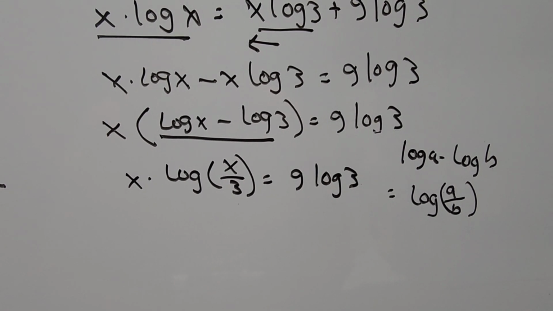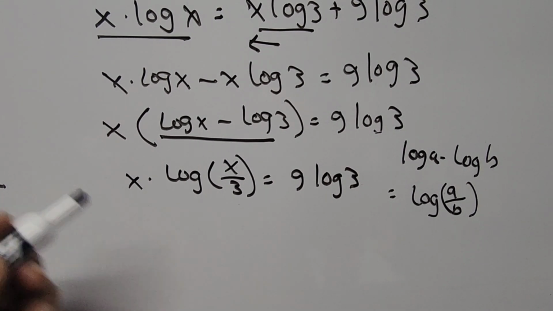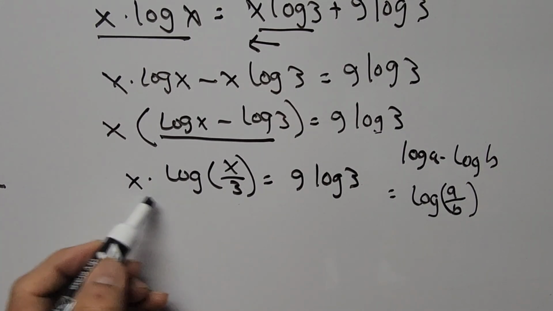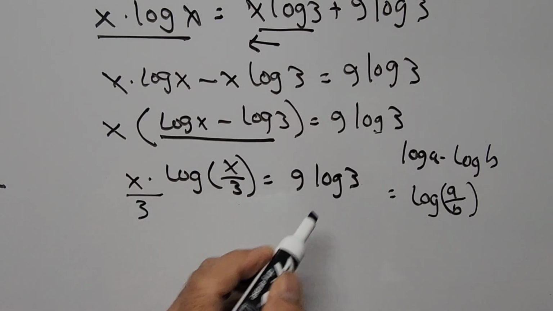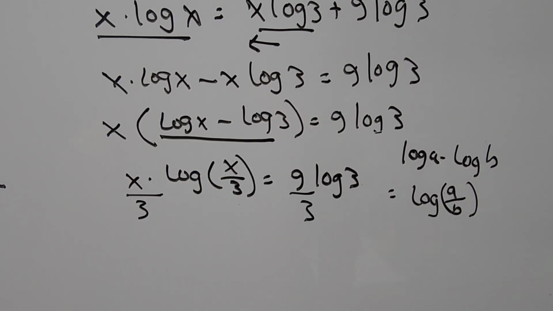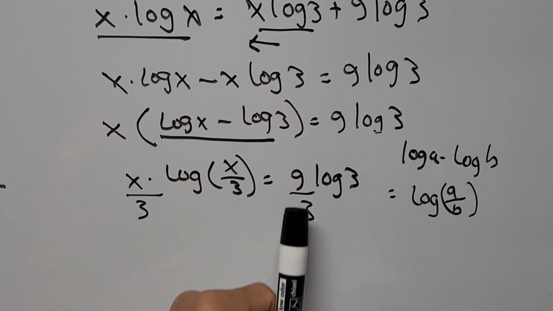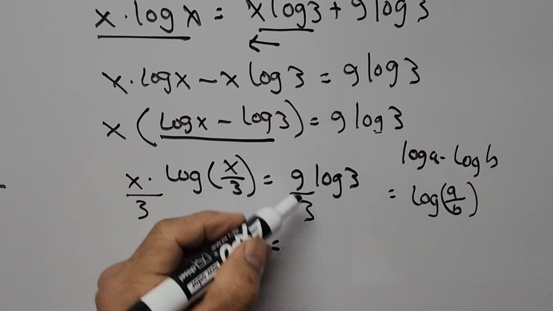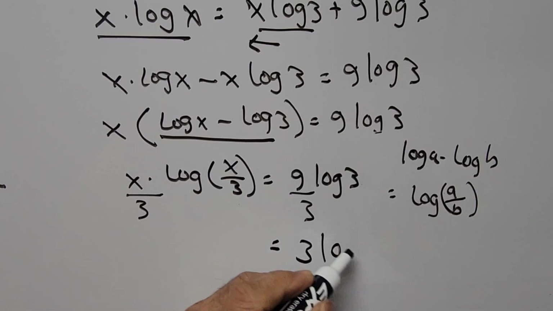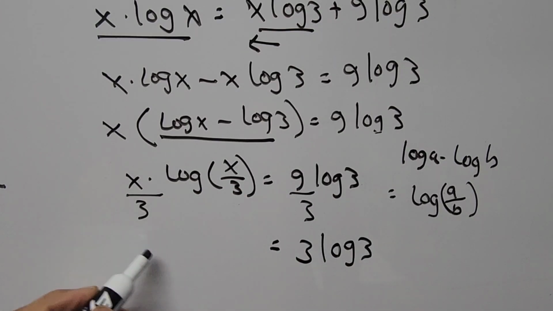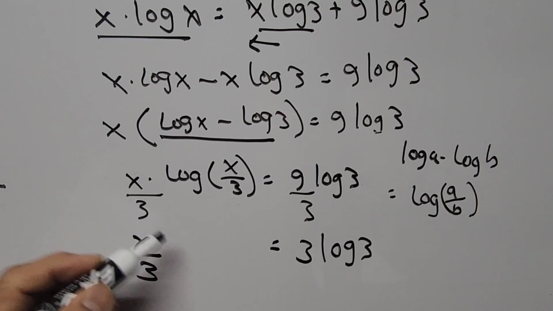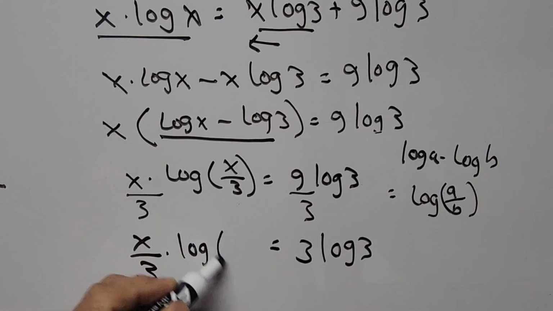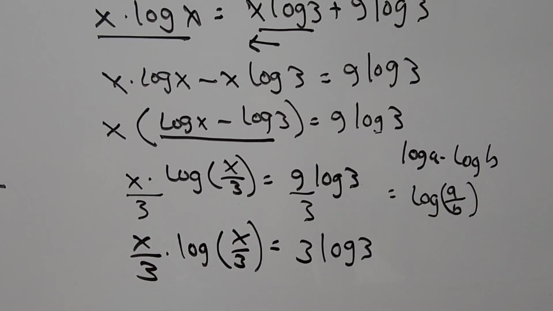So now what are we going to do? Well, if we divide both sides of the equation by 3, what do you see? x over 3 here, and here 9 over 3 log of 3. So the right-hand side can be read as 9 over 3 is 3, so 3 log of 3. The left-hand side remains the same. And so now what do you see?